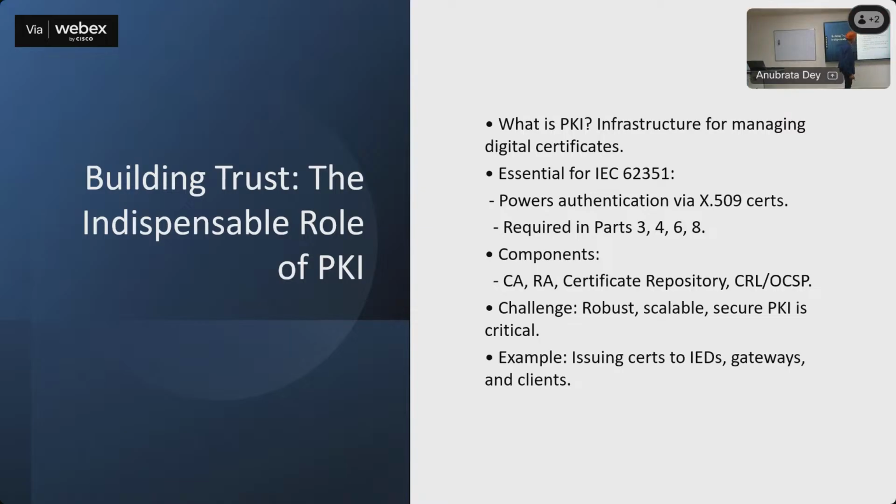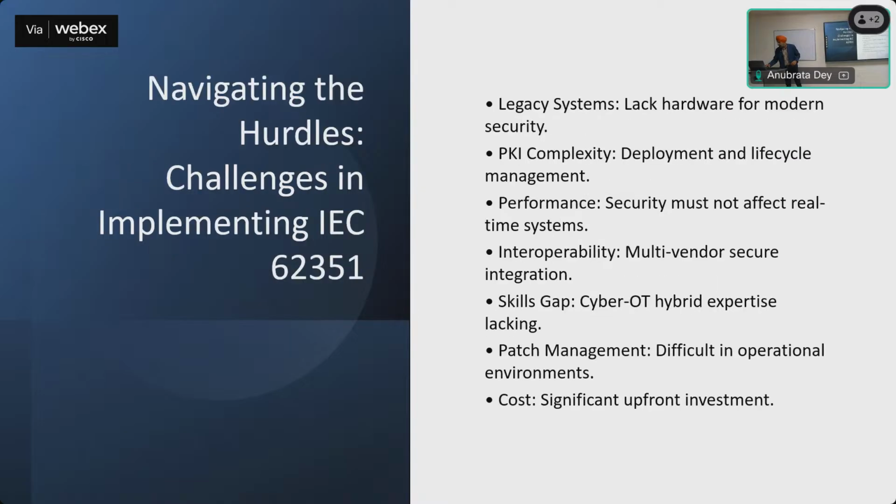The big challenge is that it has to be secured, and we talked about the PKI security itself, which is very essential. It does issue the certificates to IEDs, gateways, as well as clients. So that's again the role of PKI.